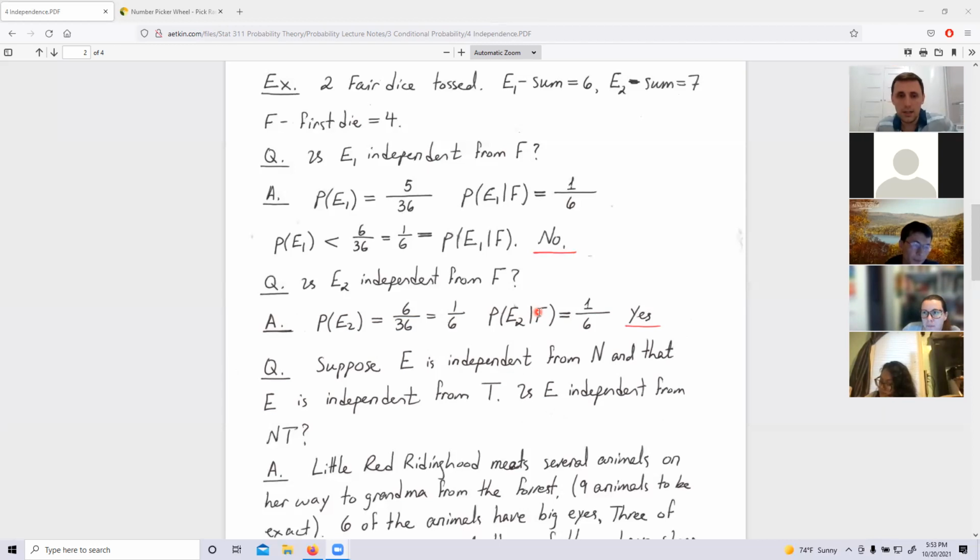As in here, this information F reduces the number of potential universes by a factor of 6. Do you agree? But it also reduces the number of universes with the desired outcome by a factor of 3. Good? By a factor of 6, not 3, sorry, right? By a factor of 6. So that means that probability is not affected. Good?